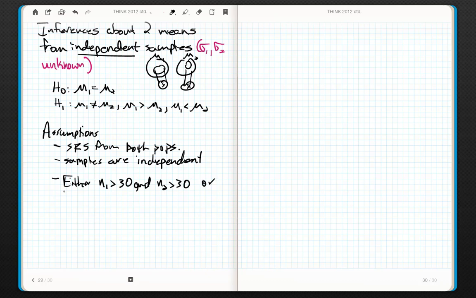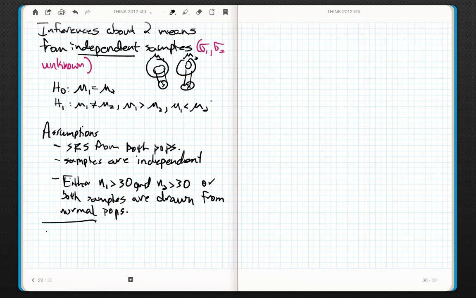Or both samples are drawn from normal populations. If you don't have either one or the other of these, then you can't do this. You're screwed. You've got to go digging for way more information. Okay, you need more data values. Okay, so that's what we got going here.